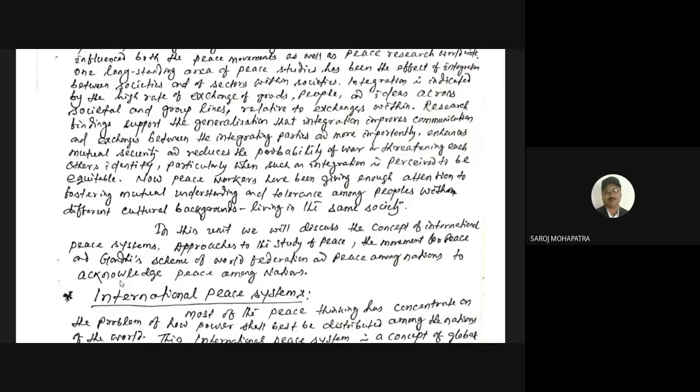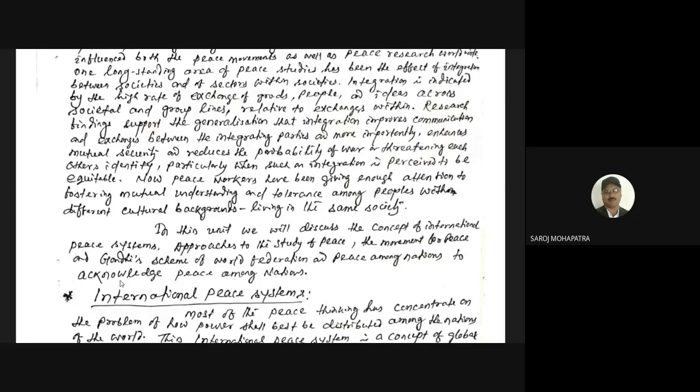So in this particular unit we will discuss the concept of the international peace system, approach to the study of peace, the movement for peace, Gandhiji's scheme of moral federation, and peace among nations. We acknowledge peace among nations.